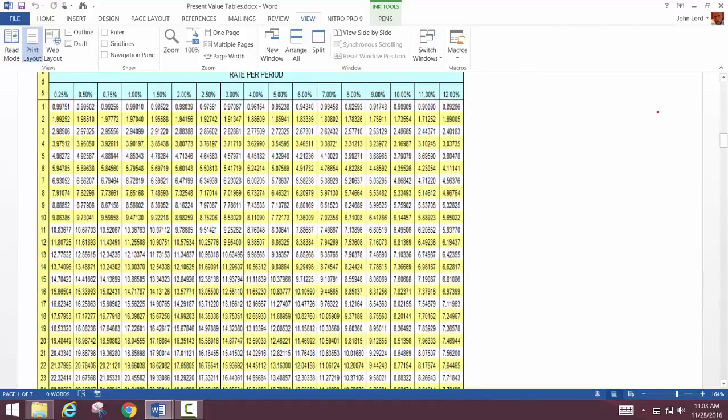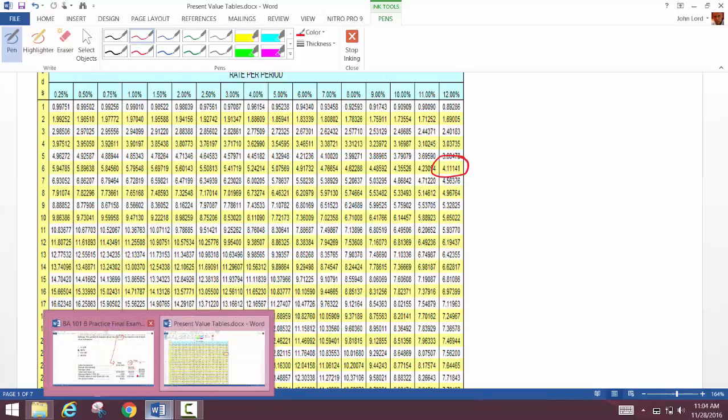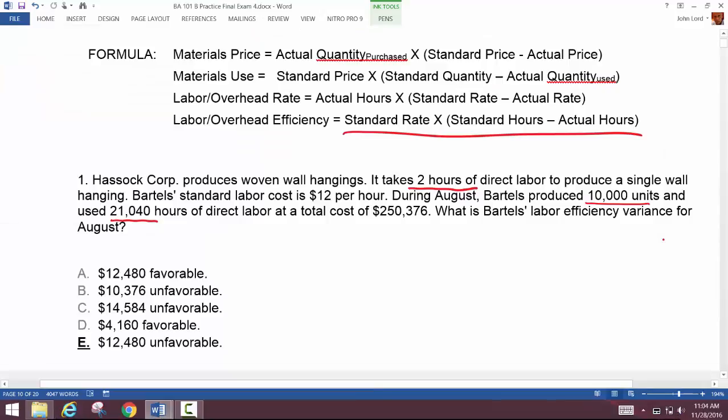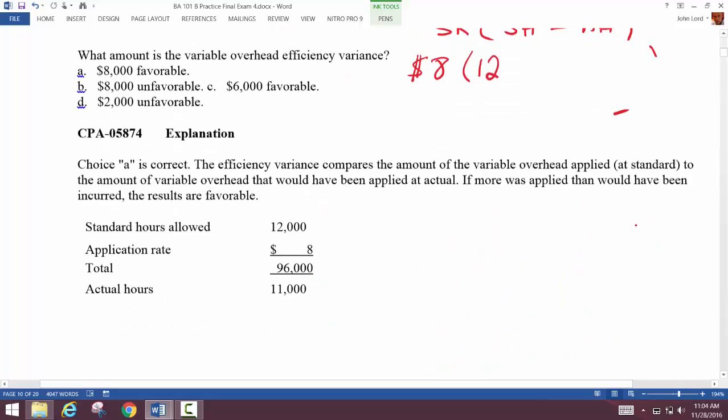There it is, present value of an annuity. 12% for 6 periods. After all that, it's still not going to let me circle it. There. Okay, all right, good. So we come over, and that's where they got that number, right? Oh, knock it off.